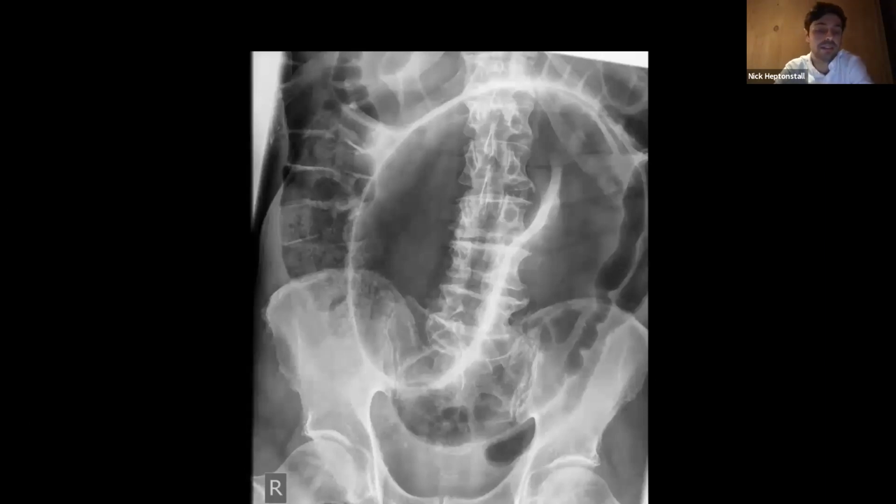So next case. Whilst you're looking at this case, I think in terms of abdominal x-rays, they are over-requested. Abdominal x-rays have a very high false negative rate.